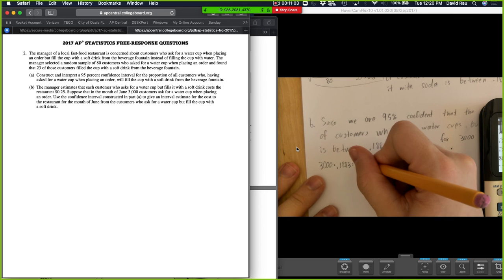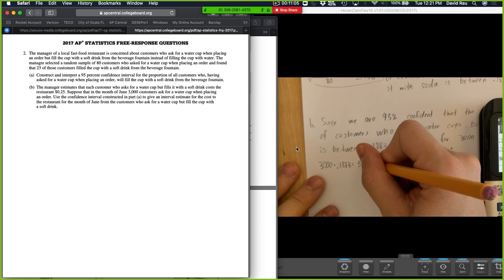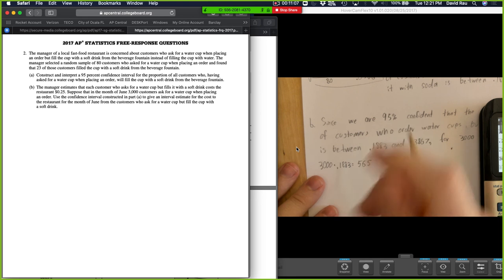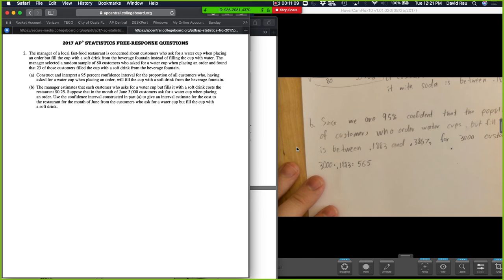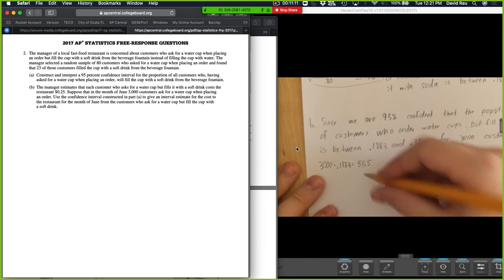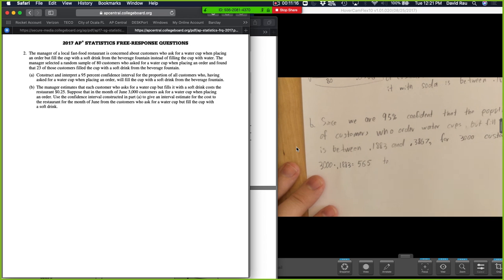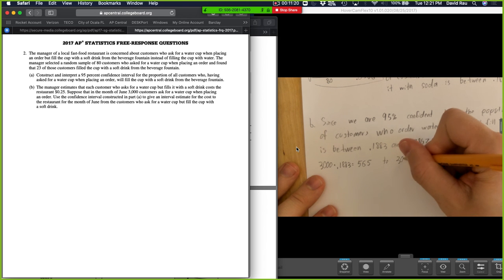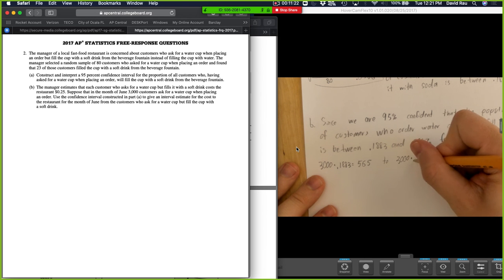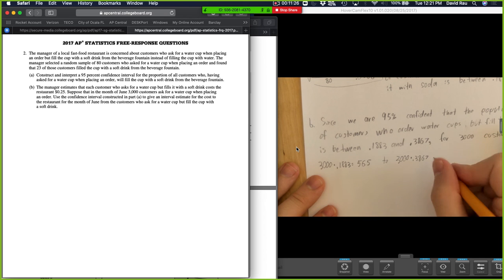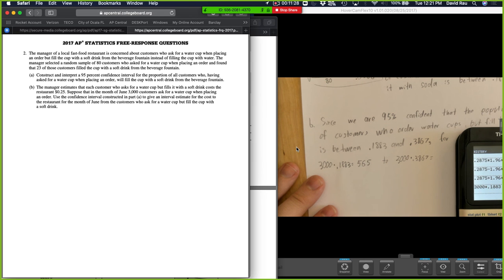Now also, I'm going to round this one up. There's actually a specific reason why, and I'll tell you why in a second. So I'll say that to 3,000 times 0.3867, which is 867.